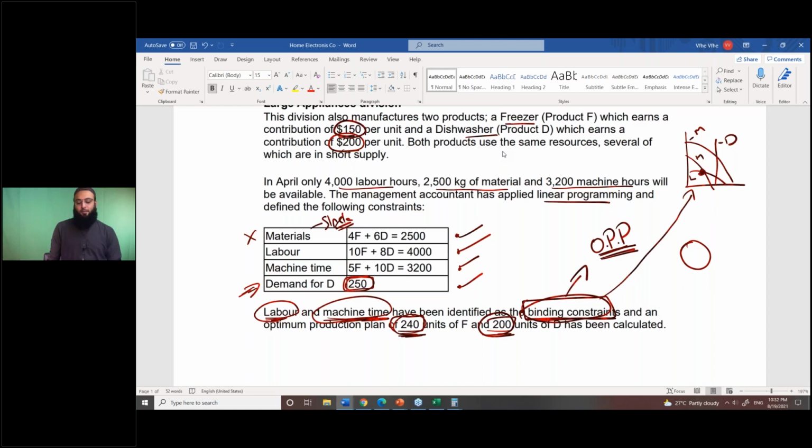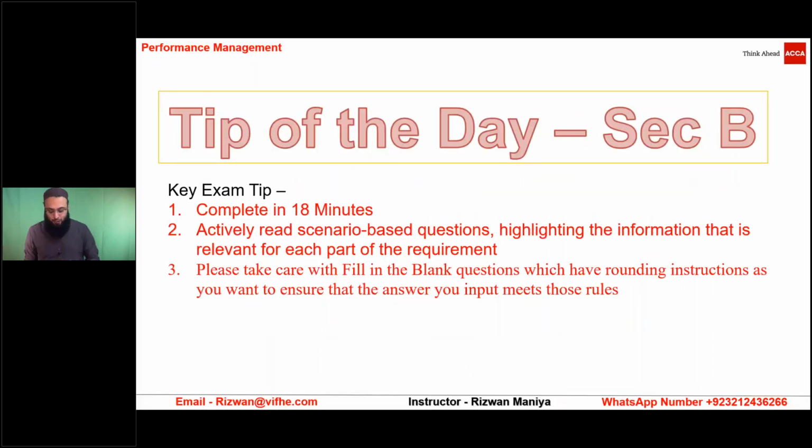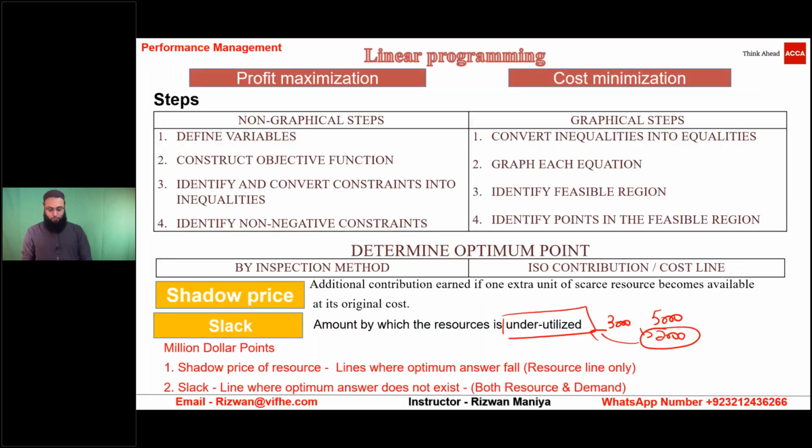So whenever, remember, the lines where the optimum answer falls is where the shadow price will be available and slack will not exist. So see here, shadow price, lines where the optimum answer falls, you can work out the shadow price.